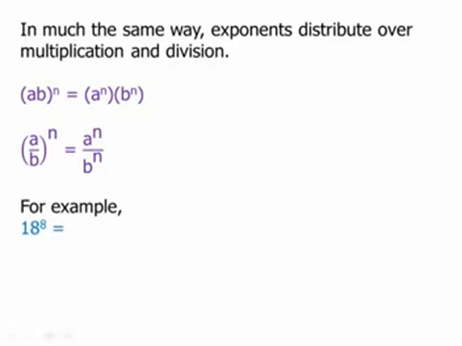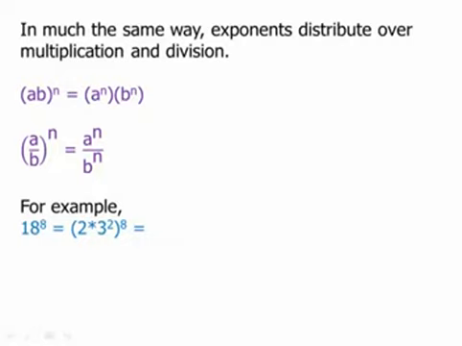Here's a very quick numerical example. Suppose we have 18 to the 8th. Well, we could write 18 as its prime factorization. Of course, the prime factorization of 18 is 2 times 3 squared. So 18 to the 8th equals (2 times 3 squared) to the 8th. Well, we can distribute that exponent to each one of those factors.